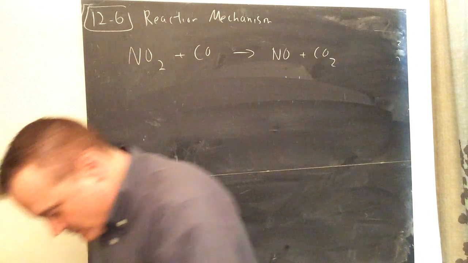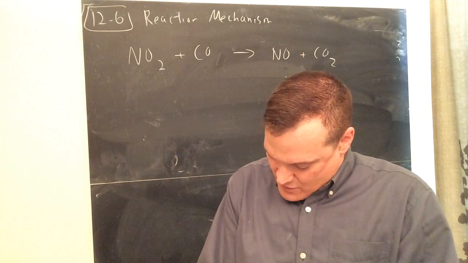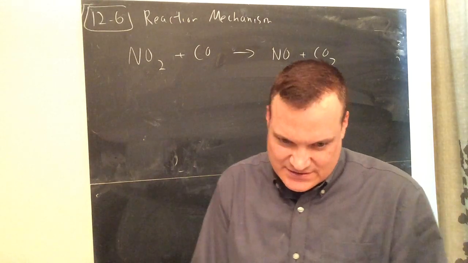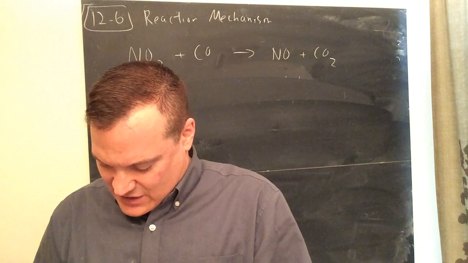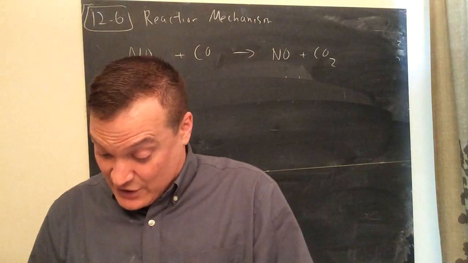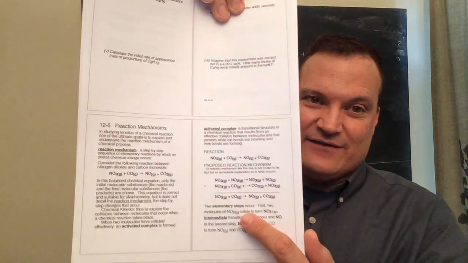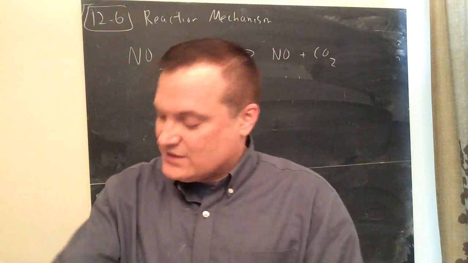I'll show you this in the notes: the NO2, two elementary steps. Two molecules of NO2 collide to form NO3. Well, actually, there it is, it talks about it down there. It's something that I didn't even think to show you.